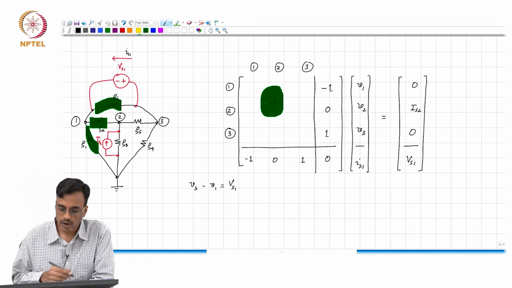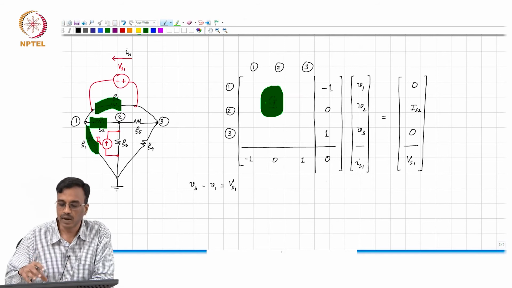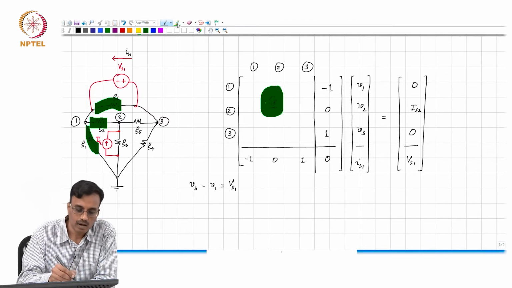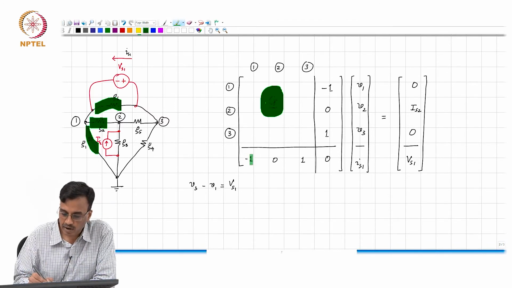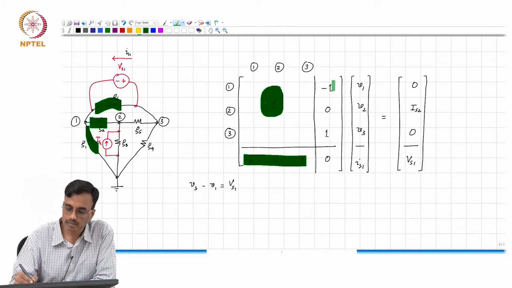And so, again this is the original conductance matrix augmented with something else to account for the voltage source. And I would like to draw your attention to the following. What comment can you make about this part and this part?